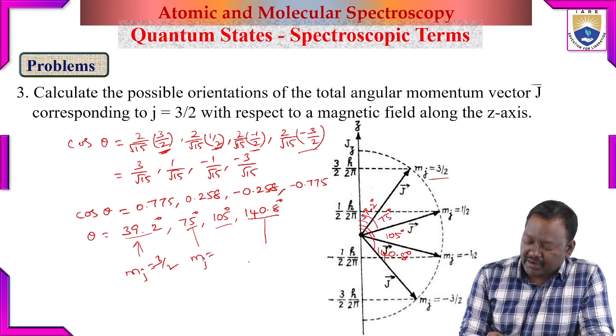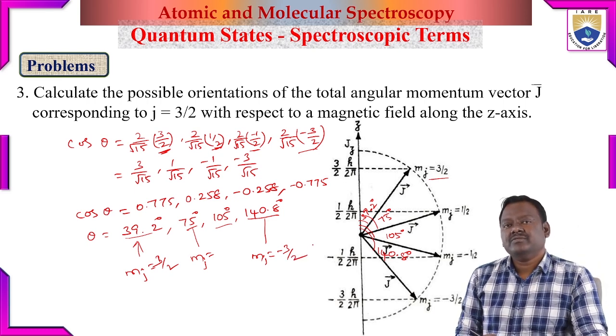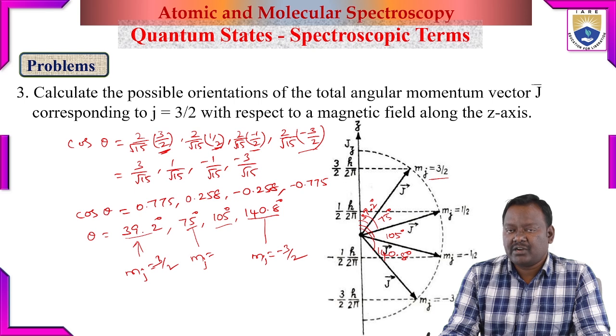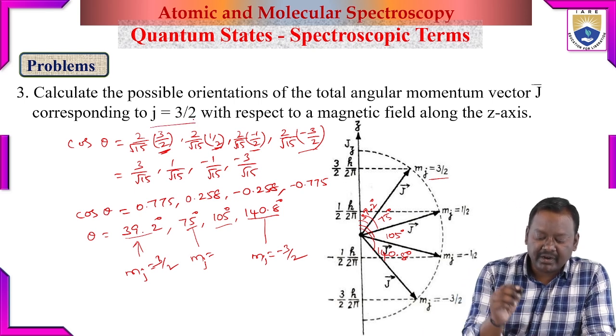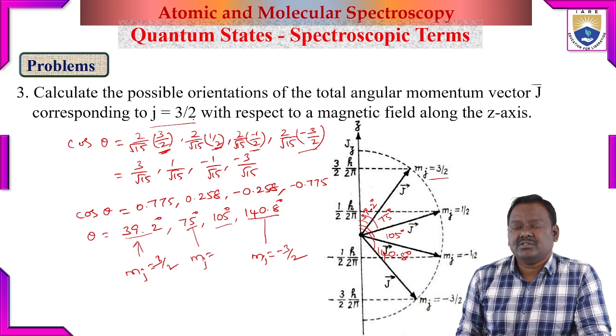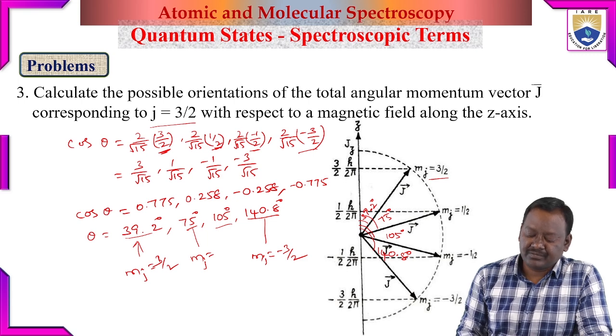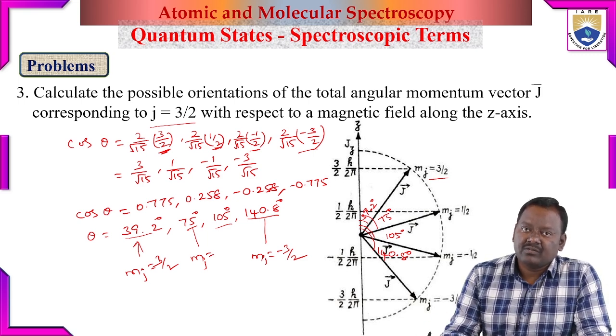So these are all the possible orientations of the total angular momentum vector j with the z axis when j equals 3/2.